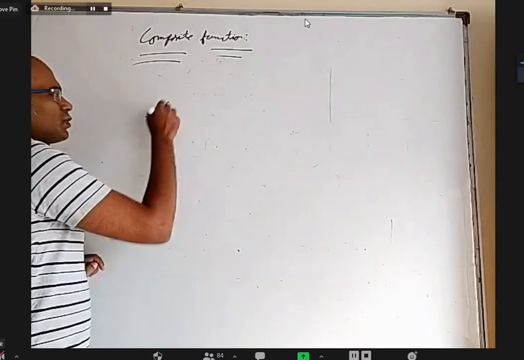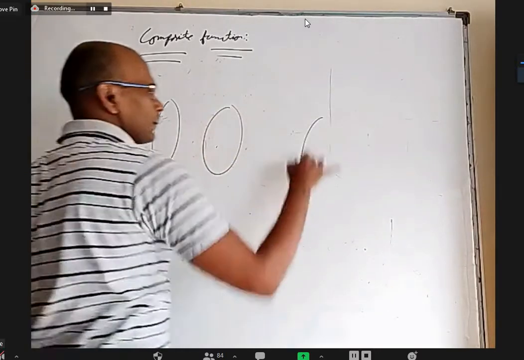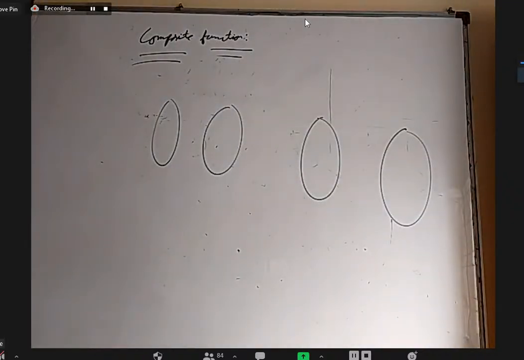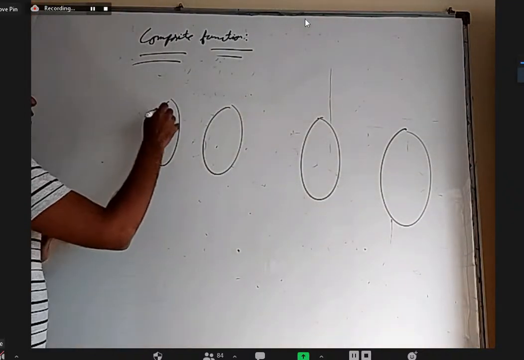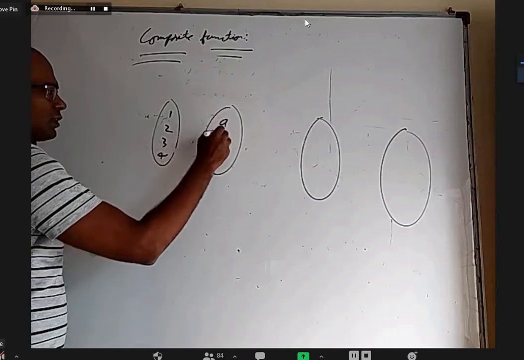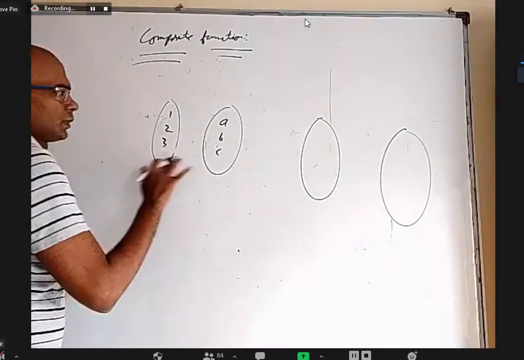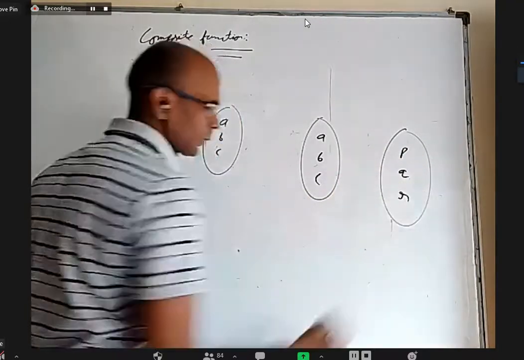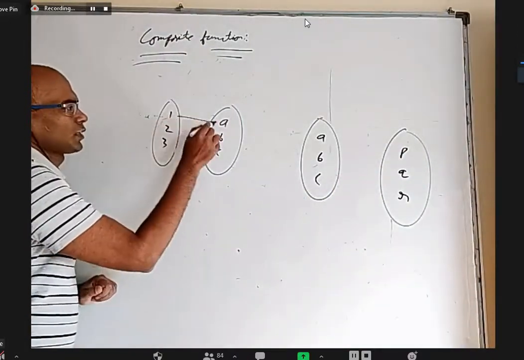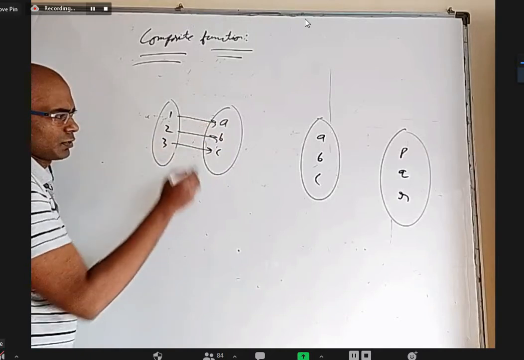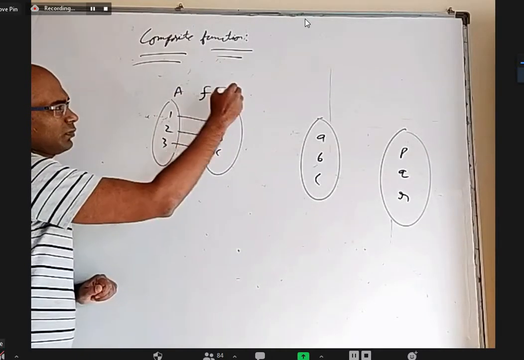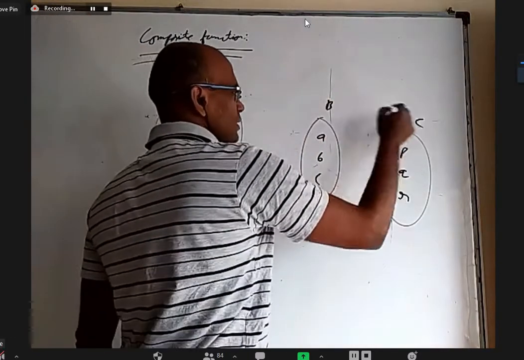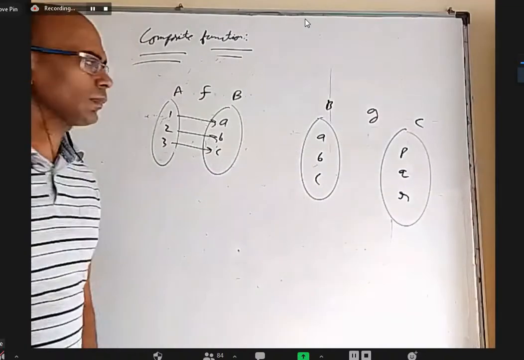So let us take 2 different functions. Here I have 1, 2, 3, 4 and some A, B, C. Here I have A, B, C and some P, Q. Here 1 is connected to A, 2 is connected to B, 3 is connected to C. This is a function f from A to B. There's another function from B to C, let's say it is g.